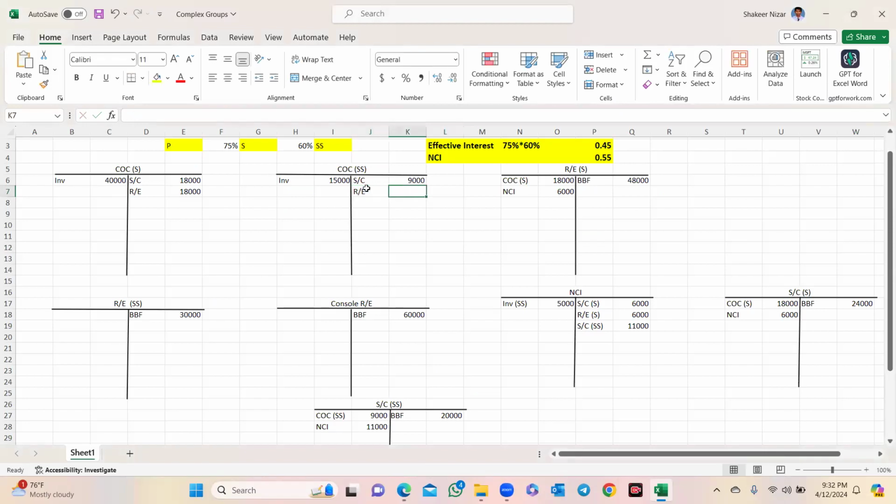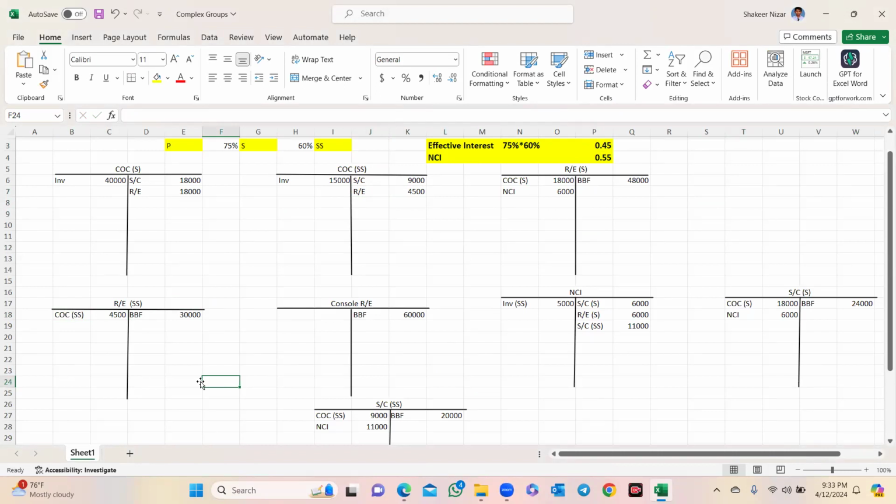Because 10,000 into 45%, here you own 45%. It means retained earnings of SS is cost of control SS, and the remaining goes to whom? NCI. It means 5,500, right?